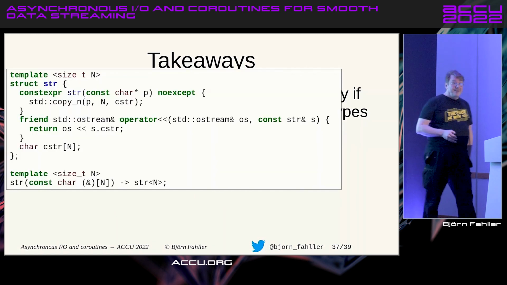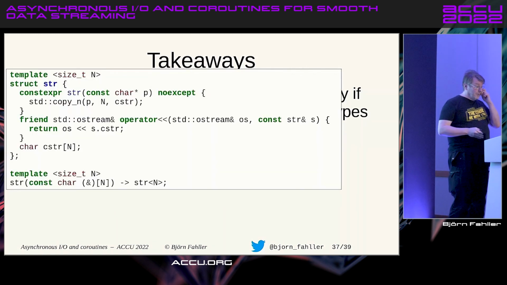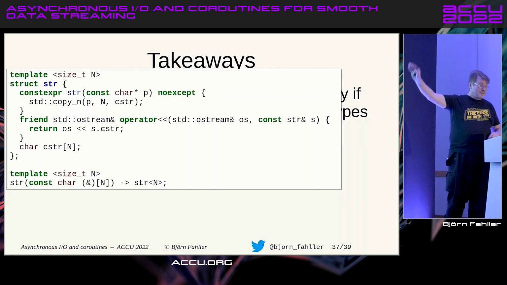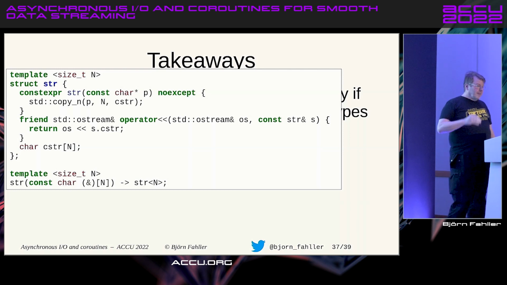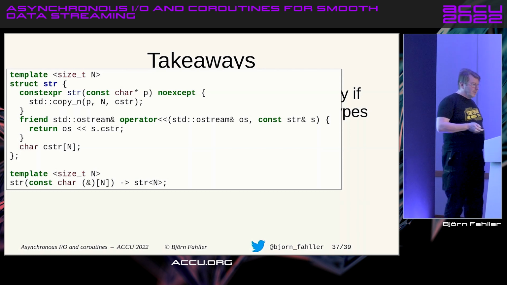So actually what I did, I'm not proud of this, but this is the way to do it, I think, I'm afraid. So this is a constexpr string class, a very, very simple one, that can be used as a non-type template parameter.